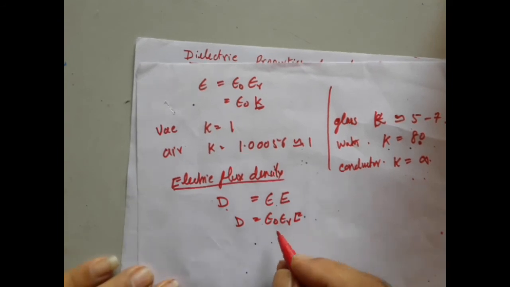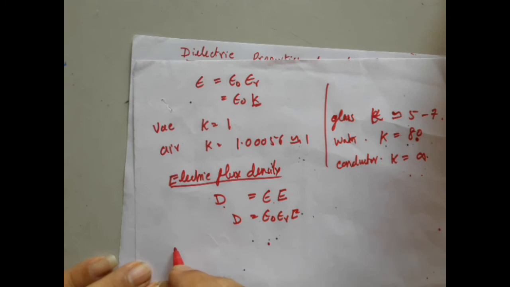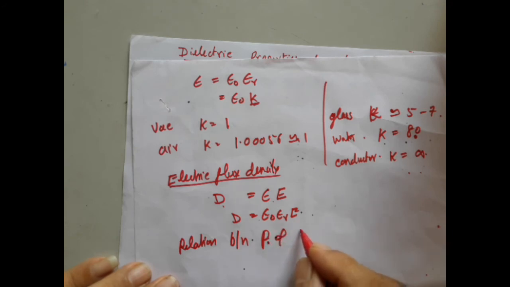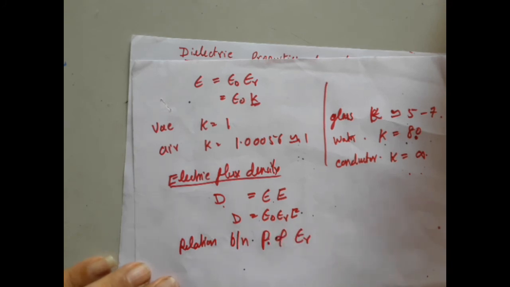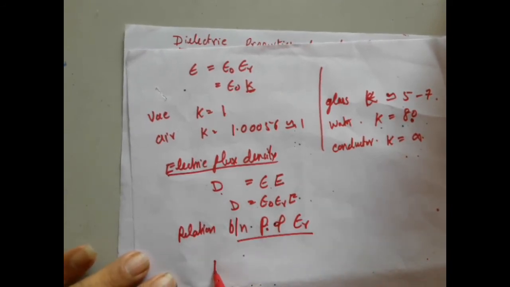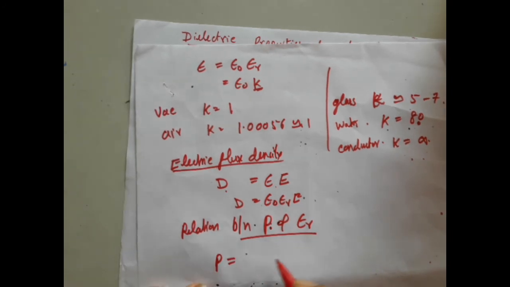Now, what is the relation between E and P, that is, between polarization and the dielectric constant K? Even though this is a derived equation, I directly give the equation for polarization, because we are aware polarization depends on the electric field.